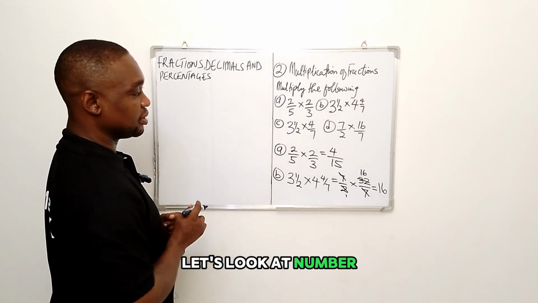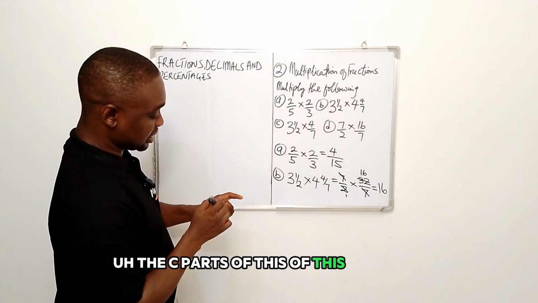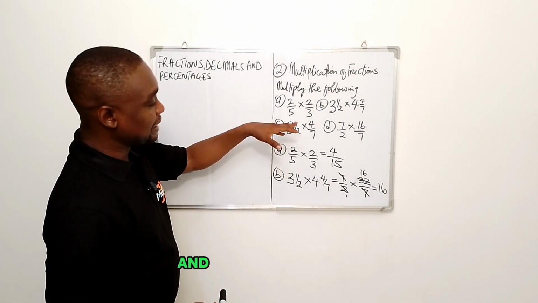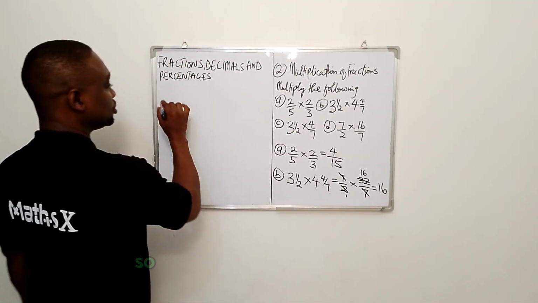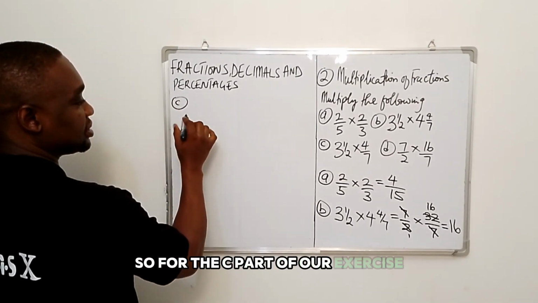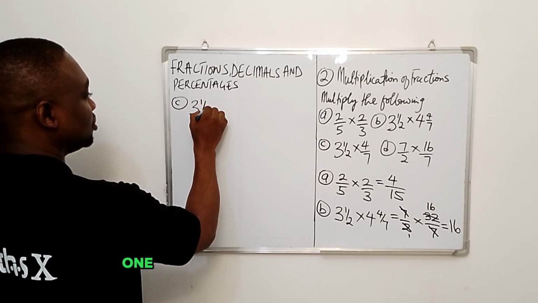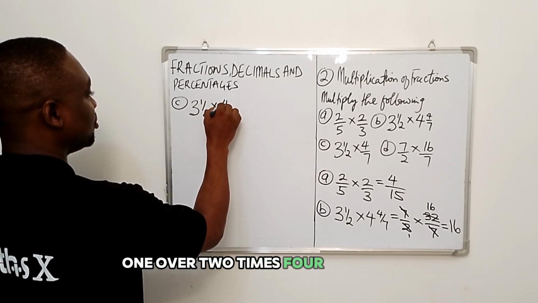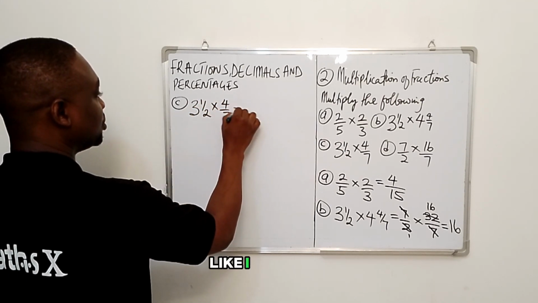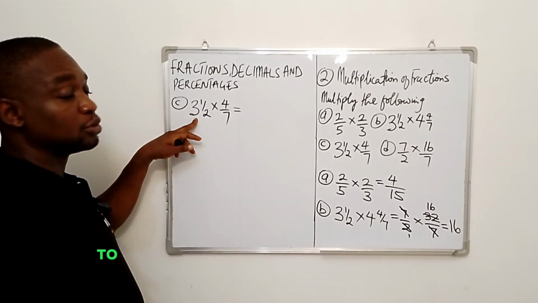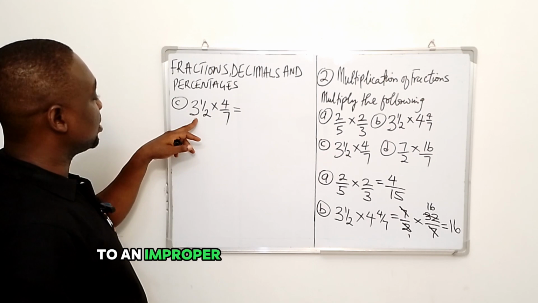Let's look at the C part of these exercises. For the C part, we are multiplying a mixed fraction and a proper fraction. So for the C part of our exercise, we have 3 whole number 1 over 2 times 4 over 7. Like I told you, the first thing we do is to convert the mixed fraction to an improper fraction.